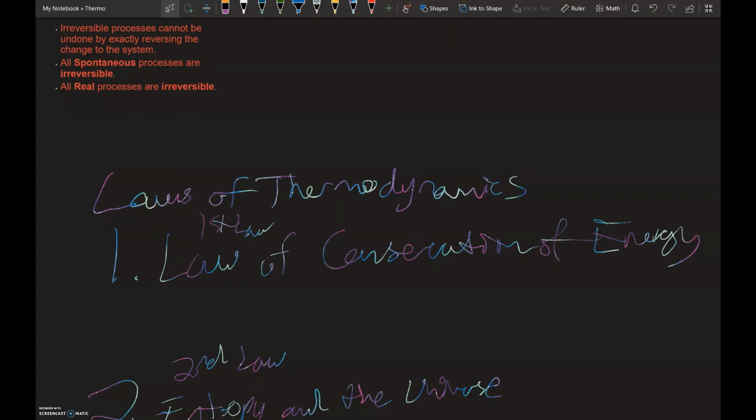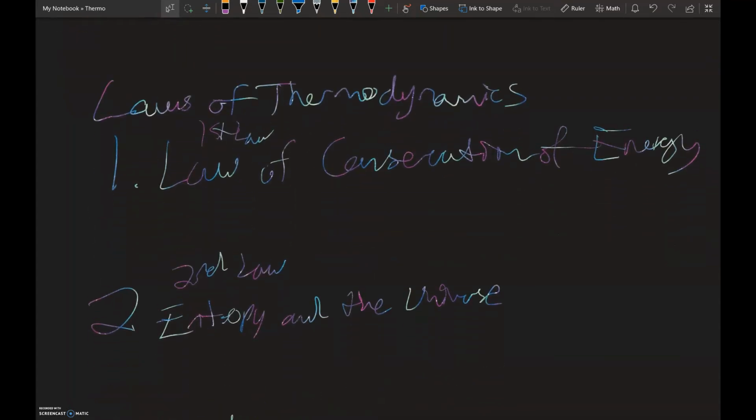The second law of thermodynamics is entropy in the universe. So the entropy of the universe is going to increase for a system. As we understand the universe is constantly expanding, and as the universe expands, there's more disorder, and the more disorder you have, the higher entropy you're going to have.